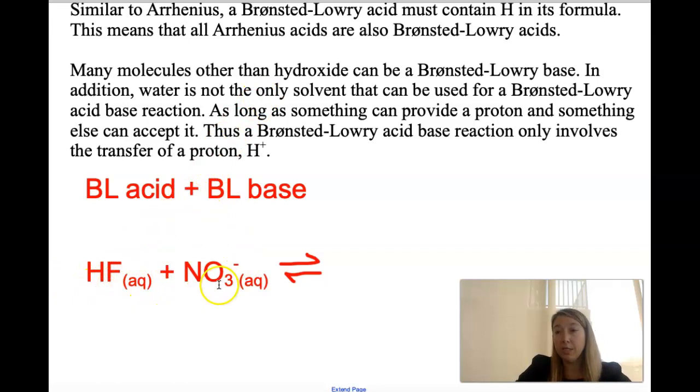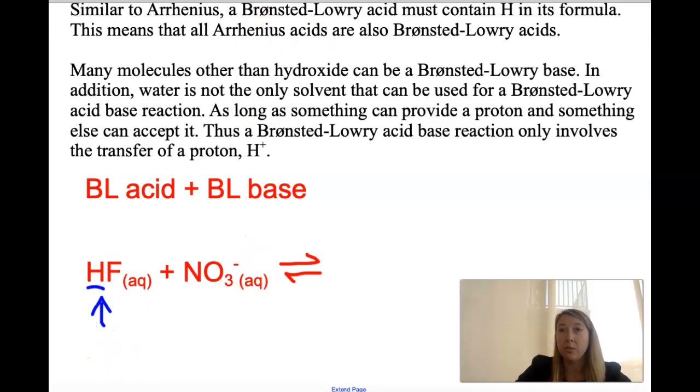Because I'm in the acid-base unit, I know one of these has to be the acid and one of them has to be the base. Generally, you don't really struggle with this. It's usually pretty easy to recognize. You look at it and say, hey, this has a hydrogen, therefore this has to be my acid.